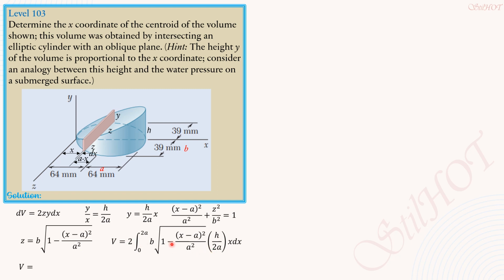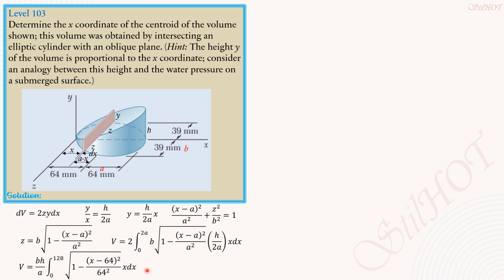So volume equals bh over a integral of x square root of 1 minus quantity (x minus a) squared over a squared, with a being 64, times dx. The variable of integration, by the way, is x. The lower limit is 0, and the upper limit is 2 times 64, or 128.